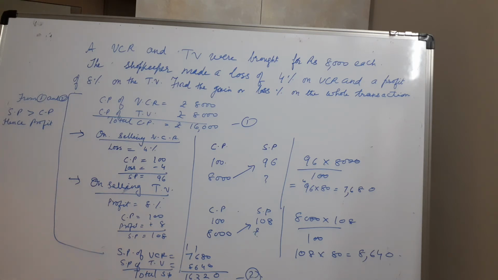If you are not selling at a higher rate, it means you are incurring loss. So when will we get profit? When we are selling at a higher rate. That means here SP is greater. Now how much greater? Find the difference, SP minus CP. Profit is equal to SP minus CP.